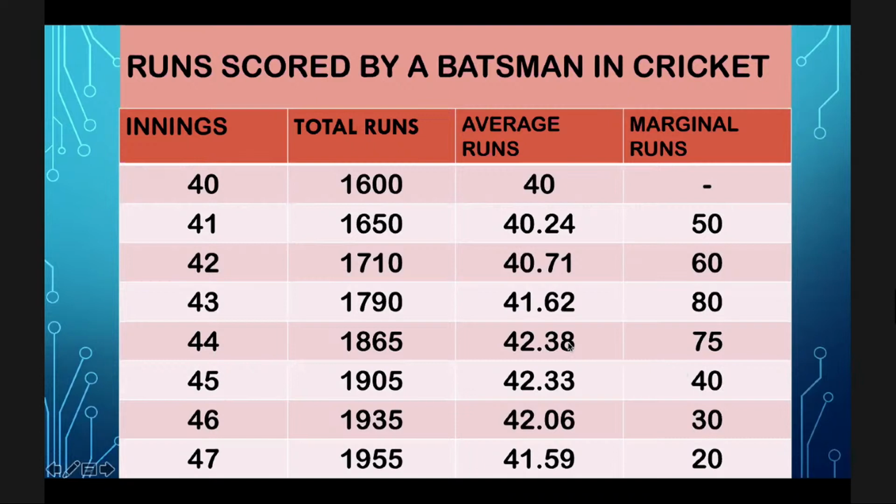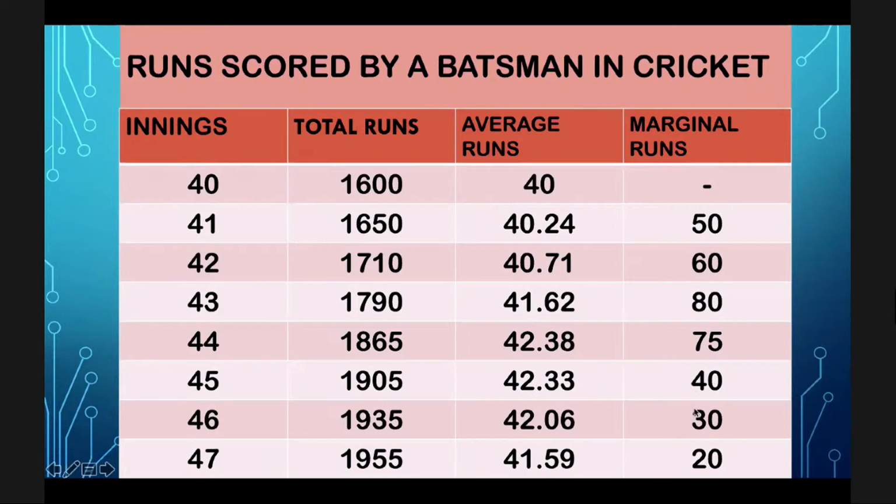His average was 42.38 and he scored a 40. That means it is less than his average. When the marginal run scored by him is less than his average runs, the average will start falling. So it has become 42.33 from 42.38.